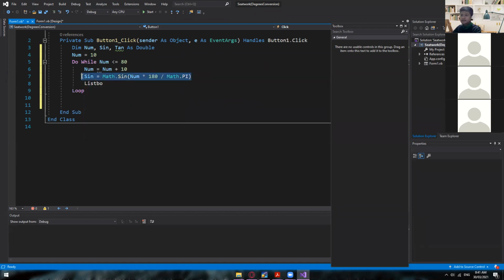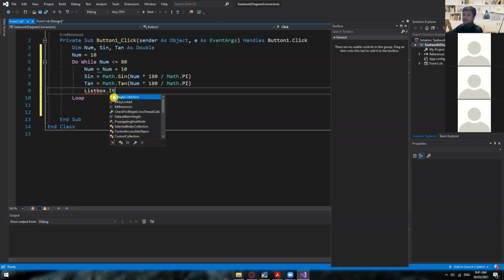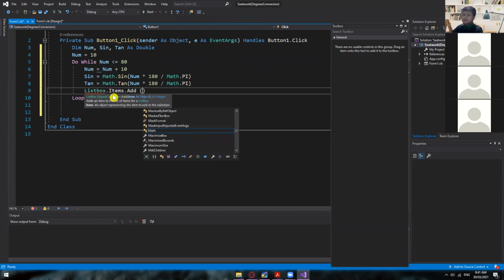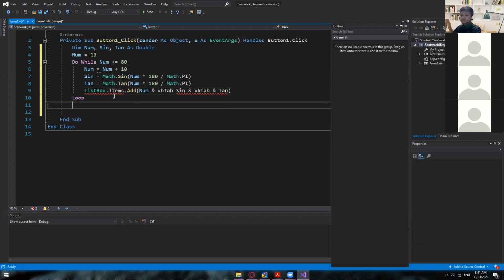Oops, we forgot the tangent. So tan is equal to Math.Tan of number multiplied by 180, then ListBox1.Items.Add. In here we have the num first and vbTab followed by the sine and vbTab again, and followed by the tangent.